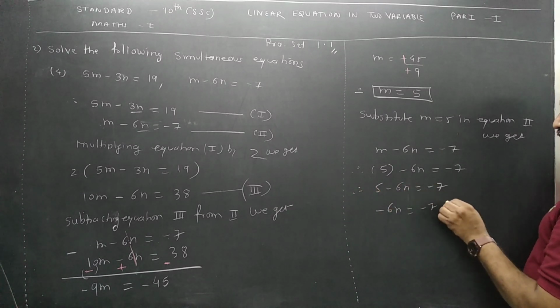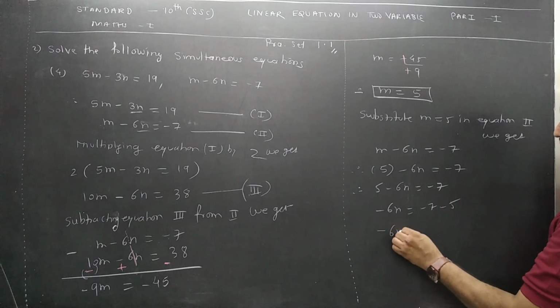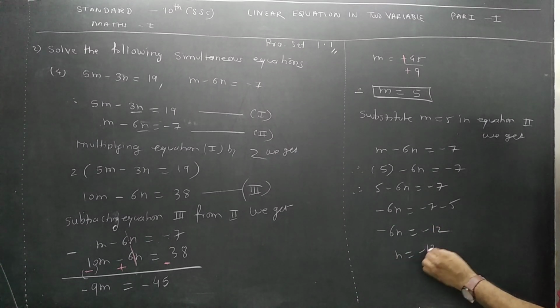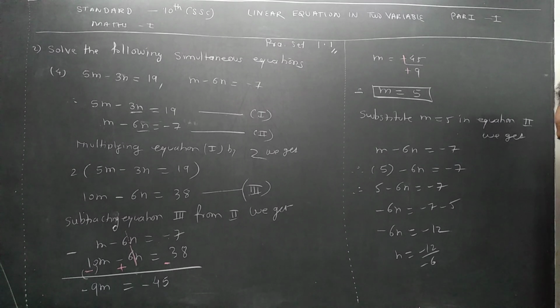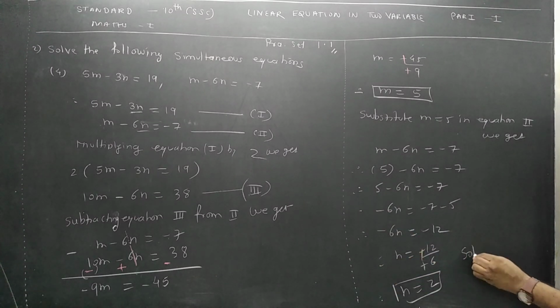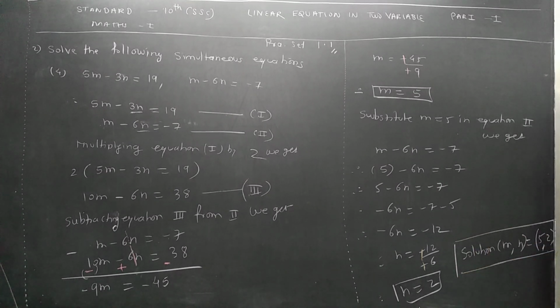Minus 6n is equal to minus 7 minus 5. So minus 6n is equal to minus 12. n is equal to minus 12 by minus 6. The sign will change and we get n is equal to 2. Have you understood this? So what are you going to write? Solution: m comma n is equal to 5 comma 2 is the answer for this question.